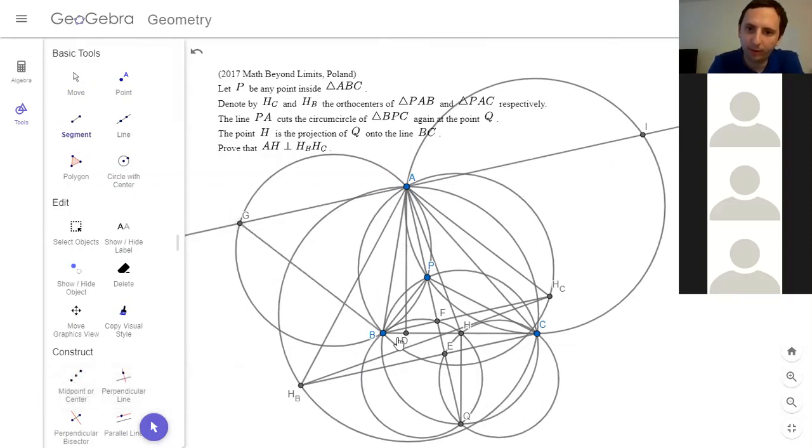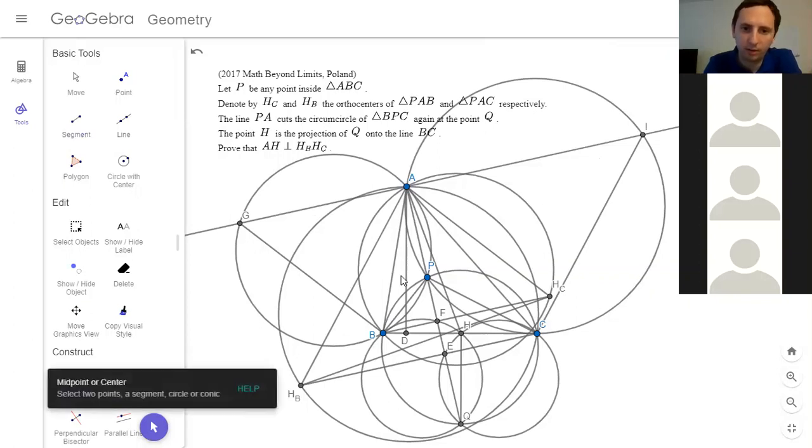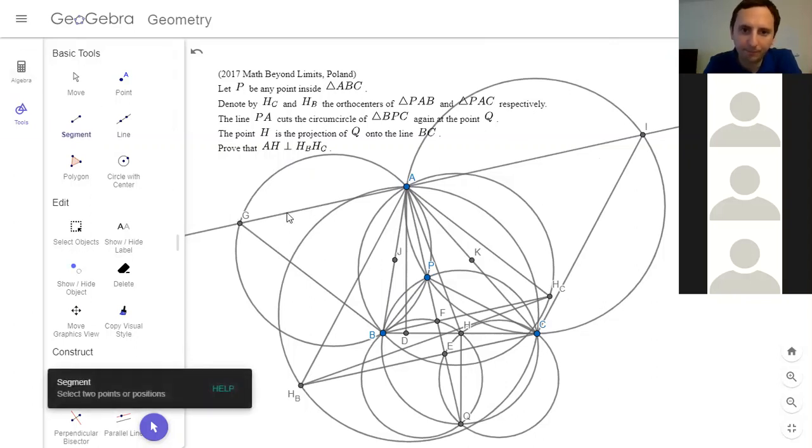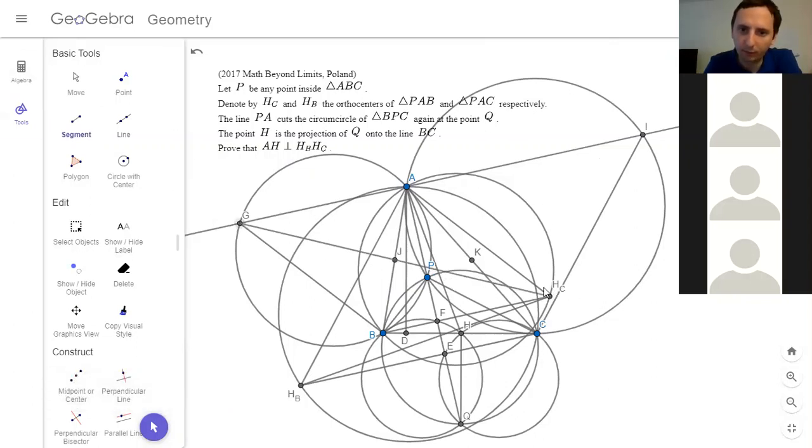So this is a parallelogram, and this is also a parallelogram. So that's one parallelogram, and that's another parallelogram. Whoops, should be this.